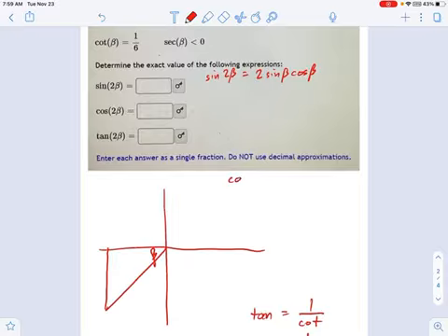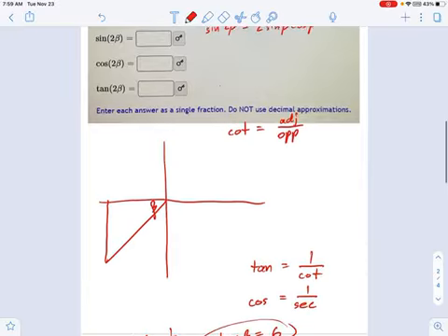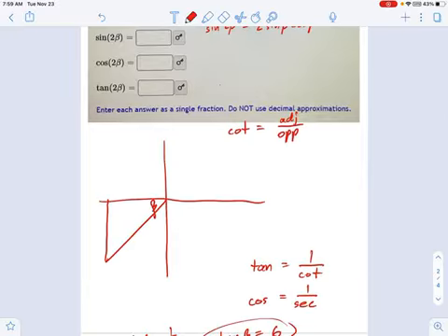Cotangent, if you remember, is adjacent over opposite, from SOHCAHTOA. Now, if cotangent is adjacent over opposite and that is equal to 1/6, let's put some sides on this triangle. So adjacent is 1 and opposite is 6.